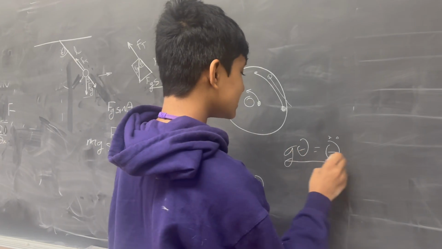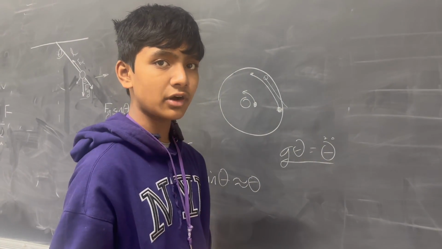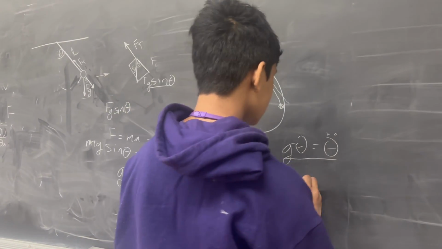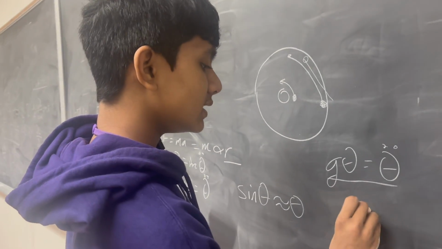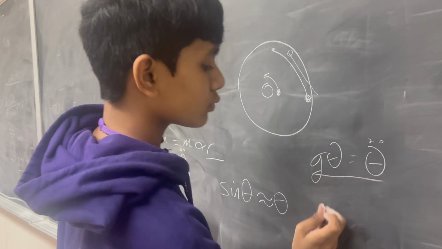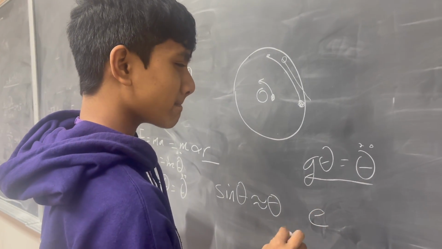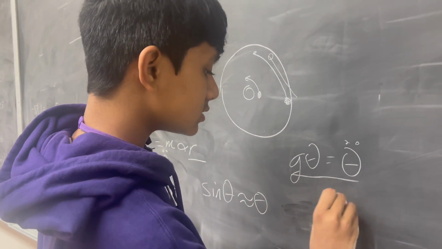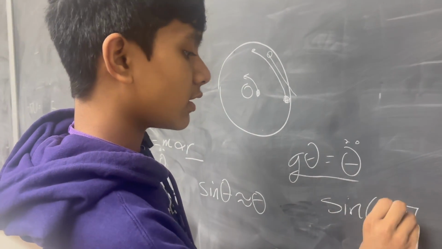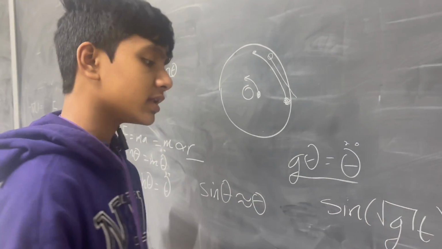Well, this is characteristic of a trigonometric function, such as, I don't know, let's call it e to the, what should we call it? Let's try sine of the square root of g t, right?